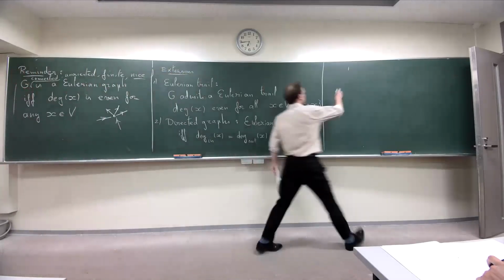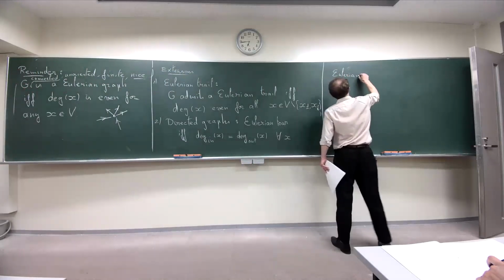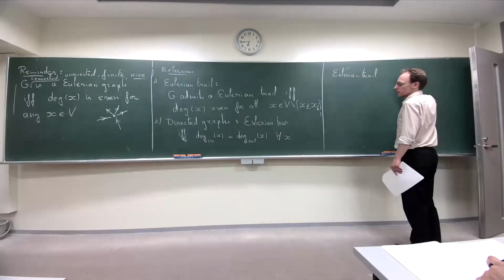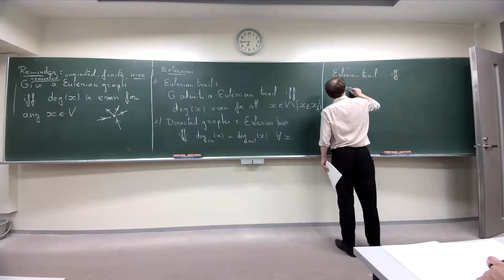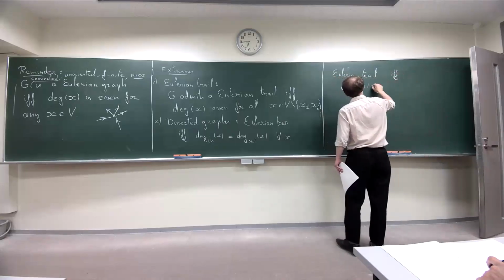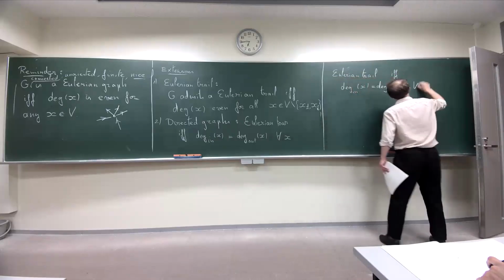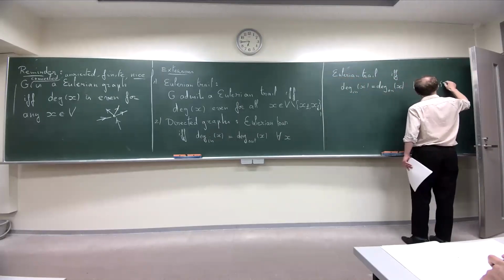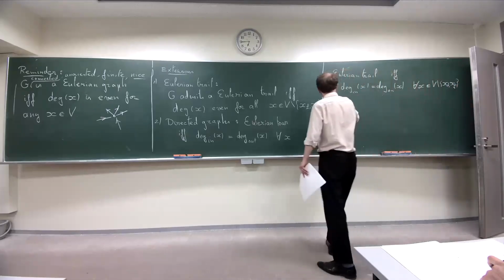And you can guess for a Eulerian trail in the directed setting, this is true if and only if deg in of x is equal to deg out of x for all x except 2. x final. And what about the first one?